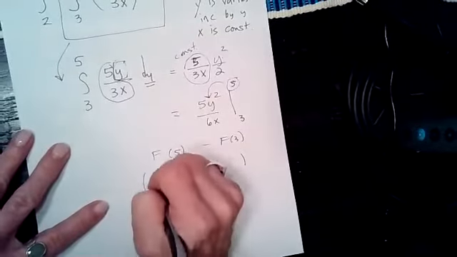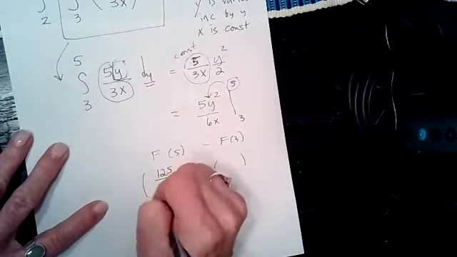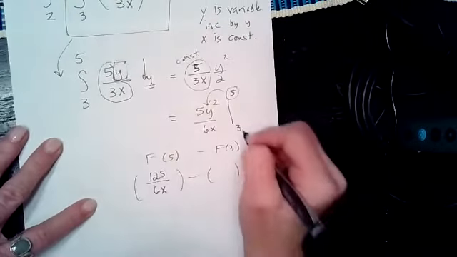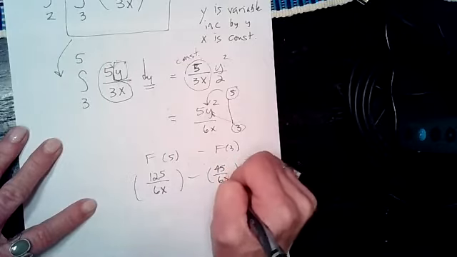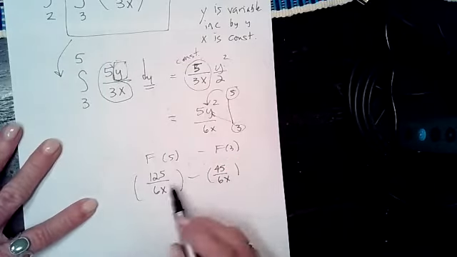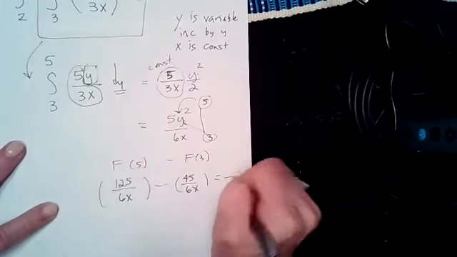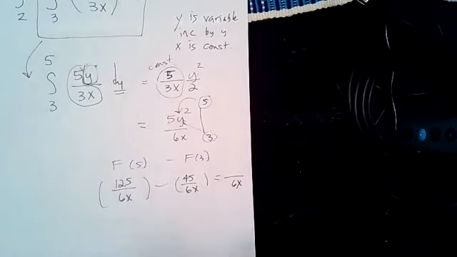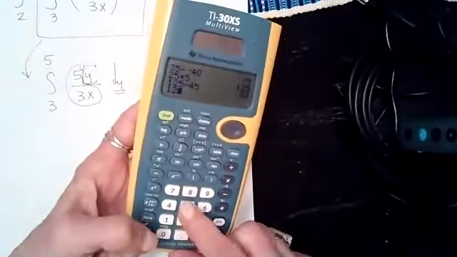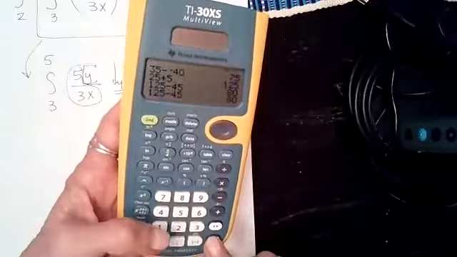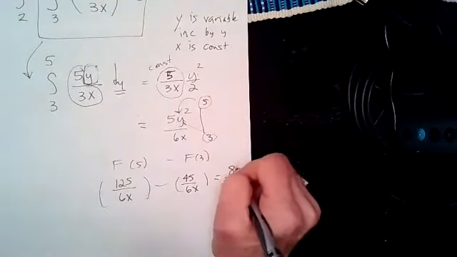So it's 5 times 25, which is, we know, 125 over 6x minus 9 times 5 is 45 over 6x. And we don't want to reduce anything here because we've got a common denominator. So over 6x, and then we say 125 minus 45. And we get 80 over 6x.